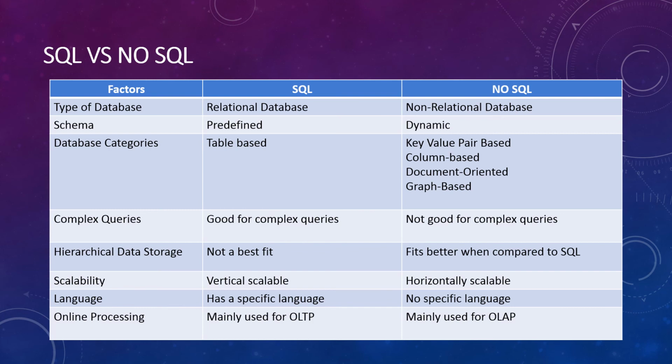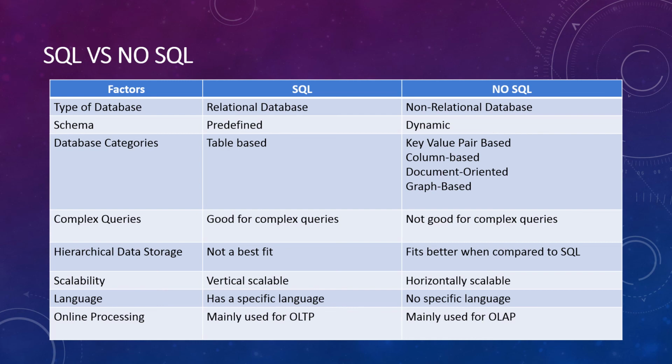In such a scenario we cannot relate numerous tables with n number of columns to each other. But coming to NoSQL databases, they fit better for hierarchical data storage. They follow the key value pair way of storing data. NoSQL databases are also highly preferred here, and the best example for this is HBase. So basically HBase is used for this purpose.